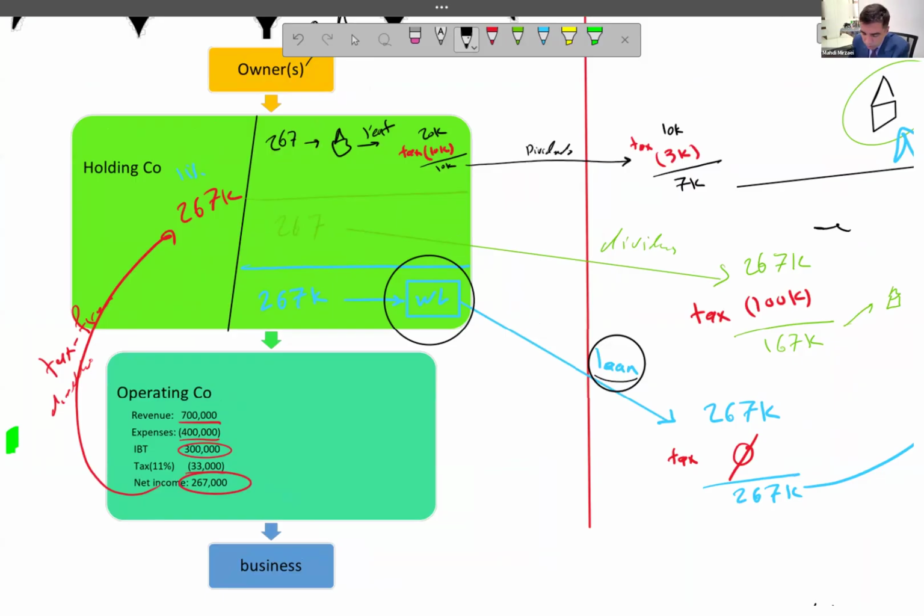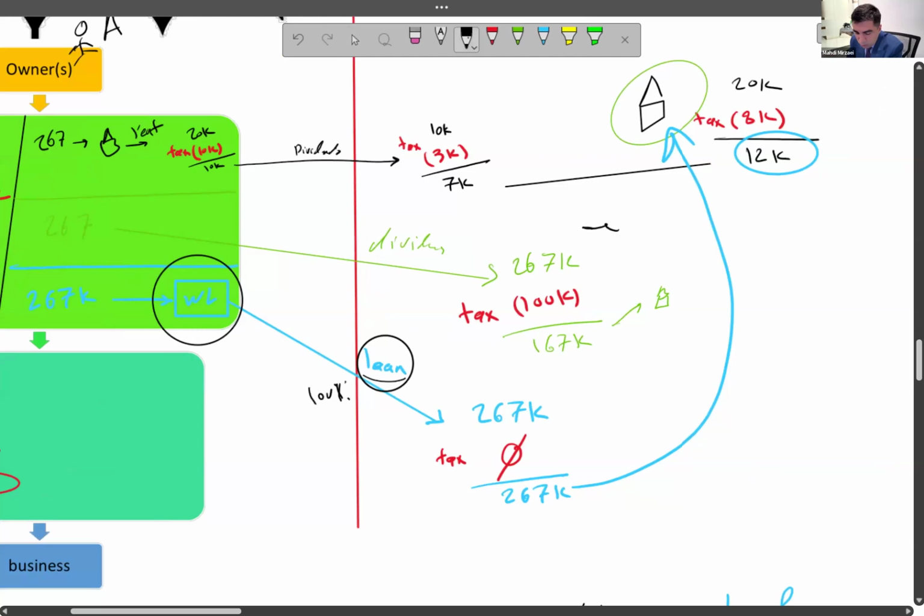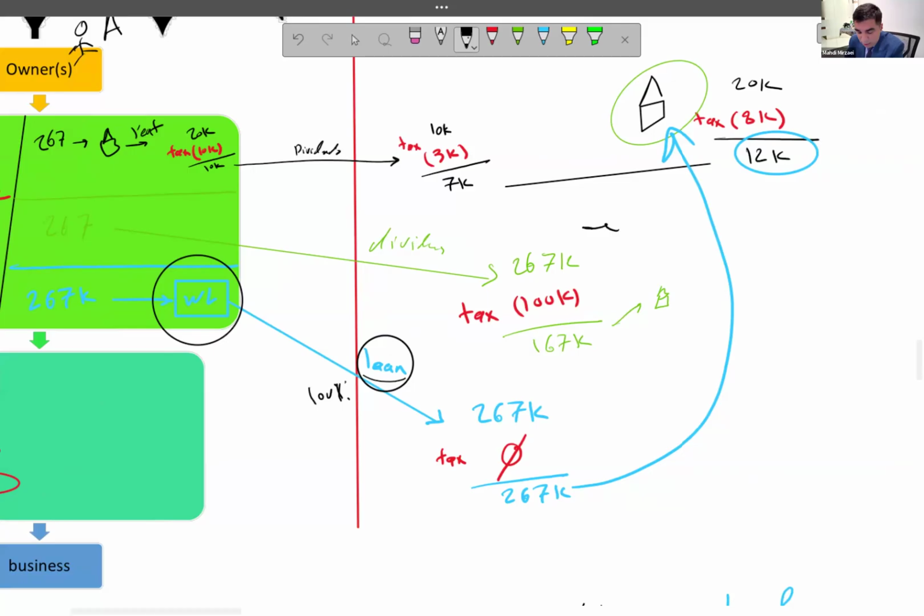How much is the loan? 100% of the money that I put there. Now, I use that loan to buy a piece of property. Now, the interest that I pay on this loan is tax deductible.